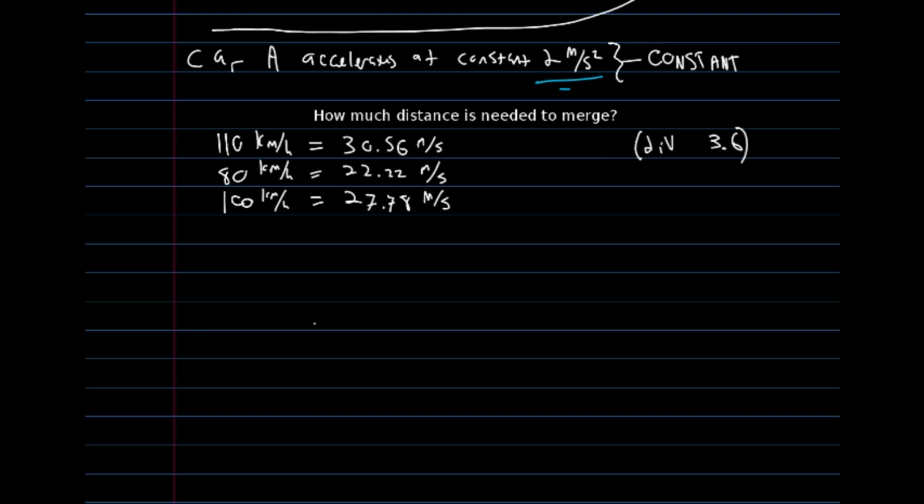So for constant acceleration, we know that acceleration a is equal to the differential of velocity with respect to time. So if we want to figure out what velocity is, we get dv equals a dt, and we will integrate this from 1 to 2.